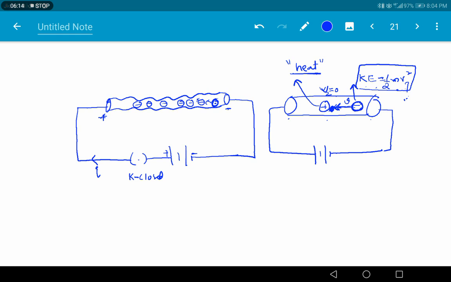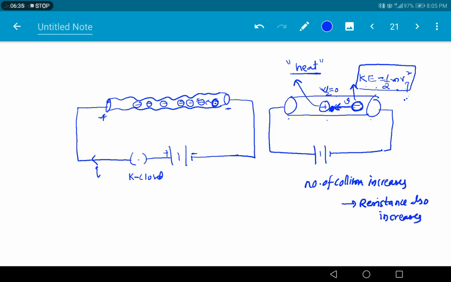So with this simple analysis, we can know that as the number of collisions increases, resistance also increases.